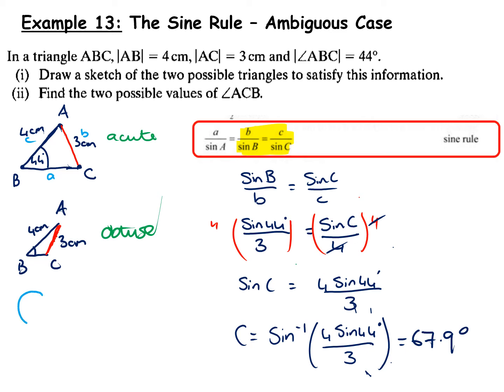So if we think about our unit circle, CAST, there are two possible angles where sine is positive. The first is here, so we just worked that out, 67.9. And the second one is here, and that piece is 67.9. So therefore, the second angle is going to be 180 degrees minus 67.9 degrees.